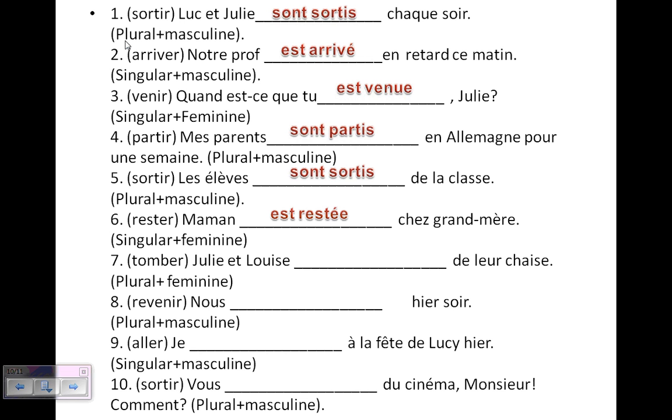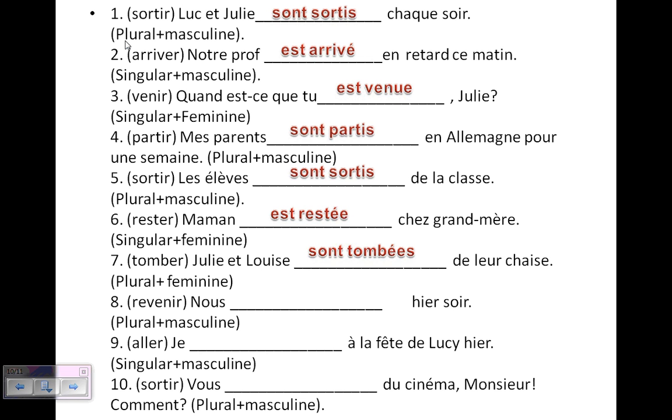Numéro 6. Maman est restée chez grand-mère. Est restée with 2 E's because maman is feminine. Singular. 7. Julie et Louise sont tombées. 2 E's and 1 S because it's 2 women that we're talking about.